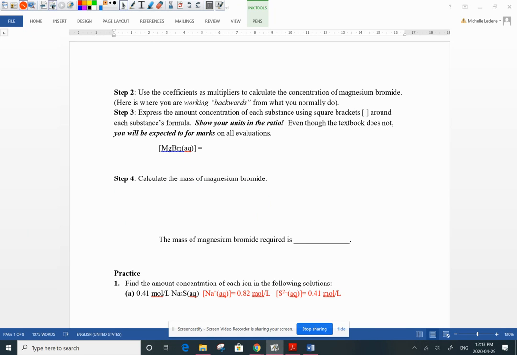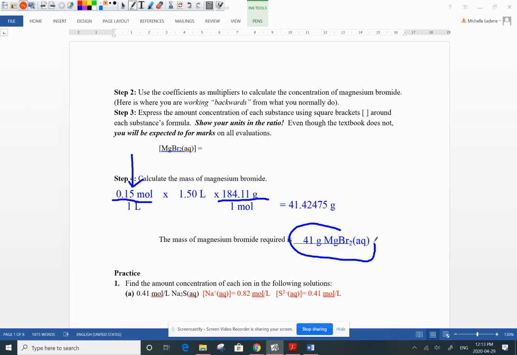All right, so mass in grams, 41.4275 grams. I'm rounding it to 2 sig digs. I'm limited by this value here. My concentration was 2 sig digs. So I'm writing my final answer with correct sig digs, correct units, my entity, correct state, etc.